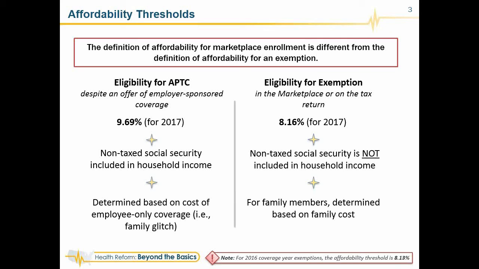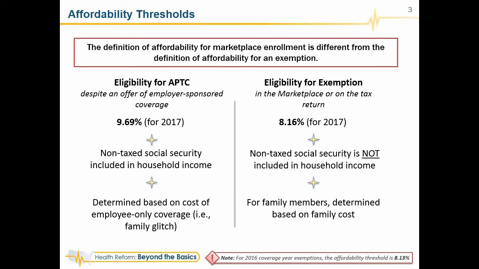But there's a different definition if we're talking about affordability for the purpose of exemptions, and this is where you all ask a lot of questions. So if we're talking about getting someone an exemption, whether it's through the marketplace or on the tax return, there are many differences. So first of all, the percentage is different.